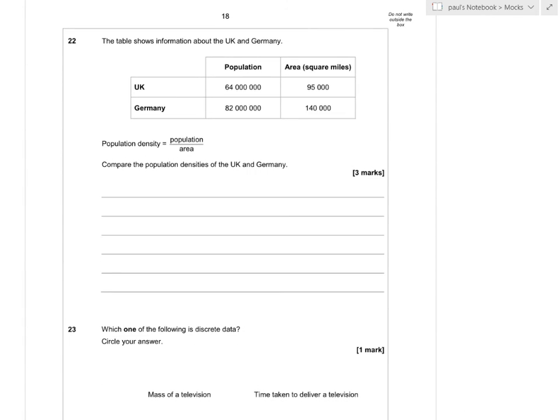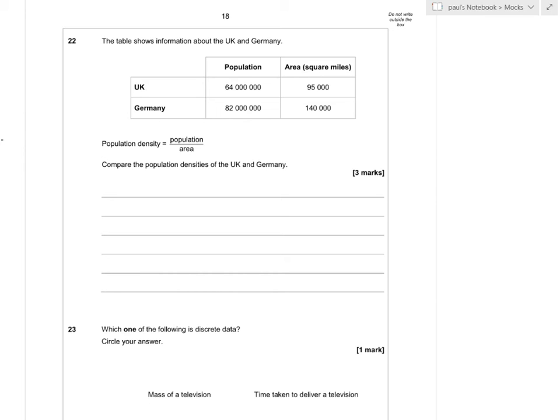The table shows the information about the population. There's the population, there's the years. Population density is the population divided by the area. Compare UK and Germany.